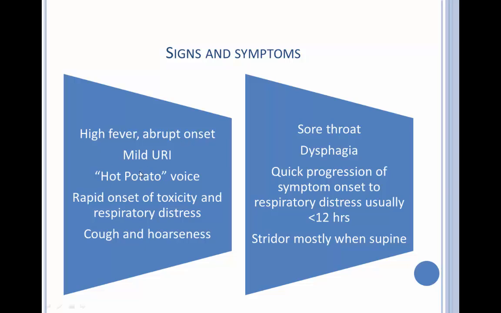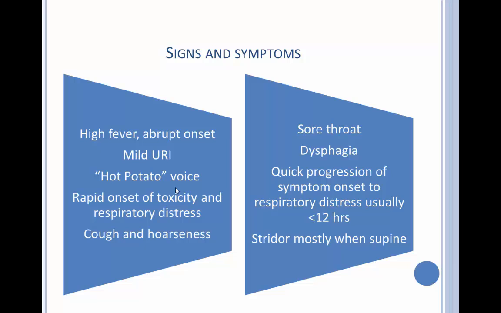So patients have a hot potato voice. They have rapid toxicity and respiratory distress. They are drooling. It's basically a few hours of onset. You have no chance.